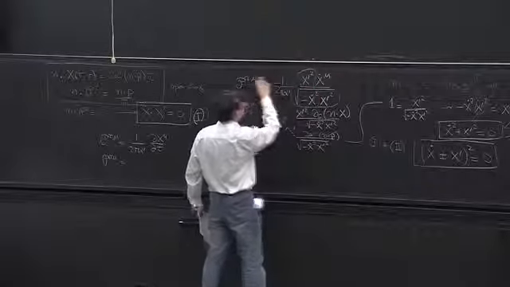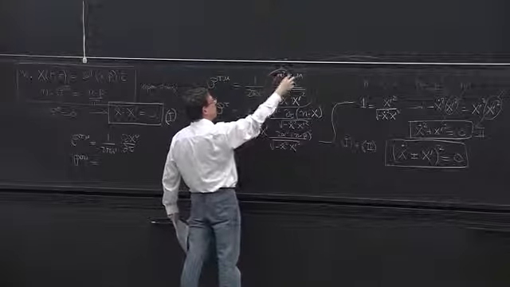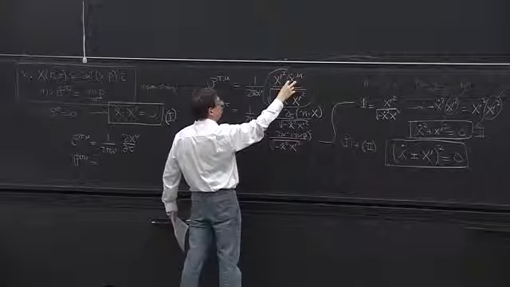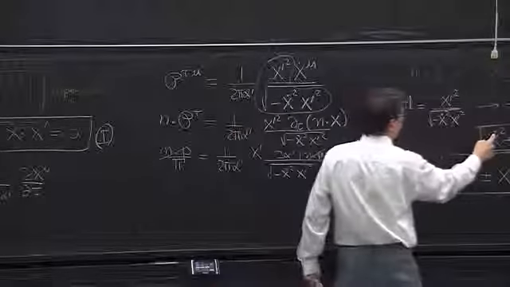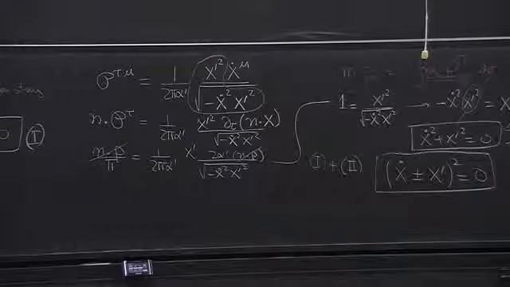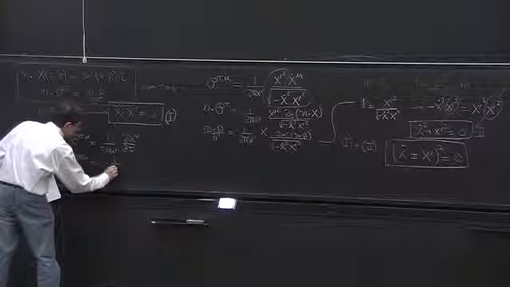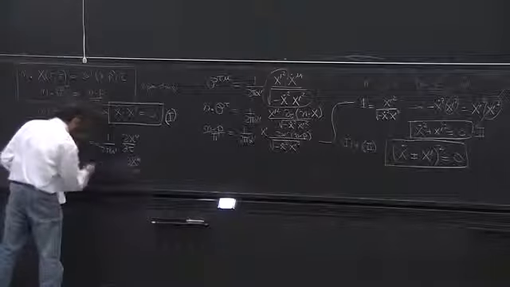The only difference is really a minus sign, and this is X dot squared, and this is X prime. And this minus sign, because X dot squared is really minus X prime squared, ends up giving you the following, as you can imagine, dX_μ/dσ.